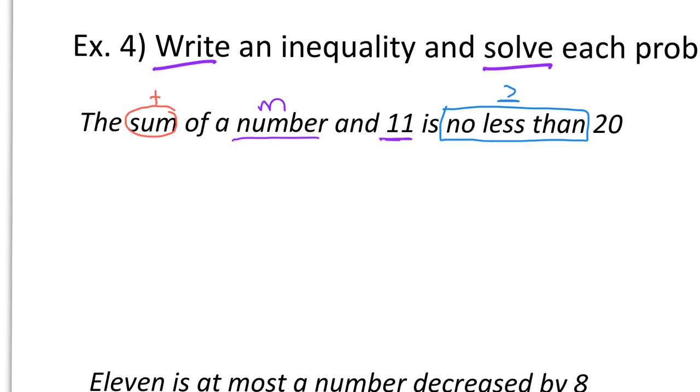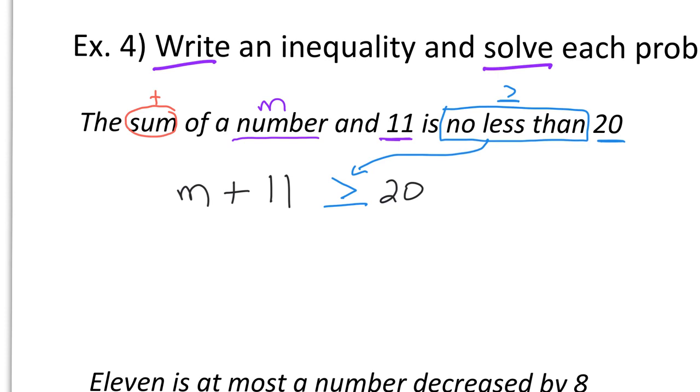So I'm going to start with the greater than or equal to. No less than, right there, so that's what it means. I'm going to have the sum, so I have m plus 11 is greater than or equal to, no less than, 20.